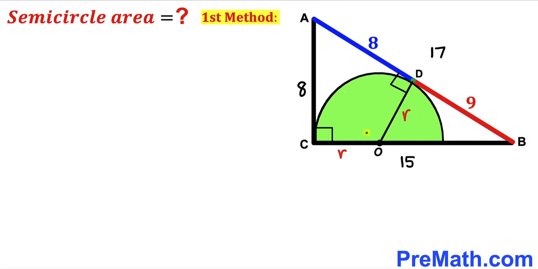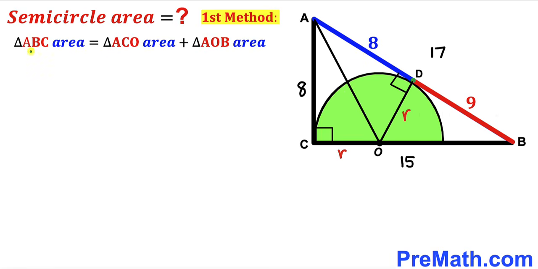And here's our next step. Now I'm going to connect this center O with this vertex A, as you can see in this next step. And now let's make an observation. We can see the area of this big right triangle ABC is going to be equal to the area of the triangle ACO plus the triangle AOB area.